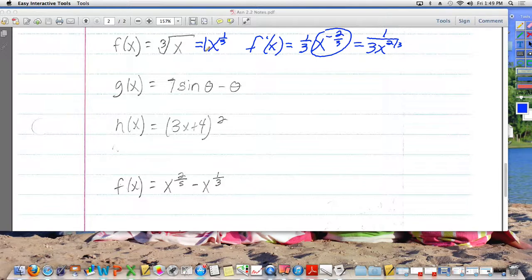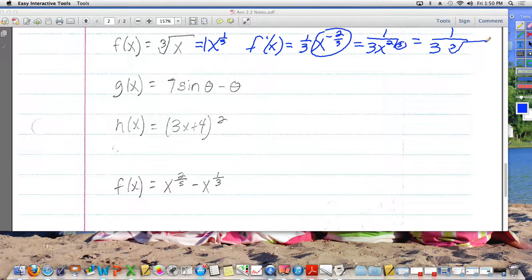It's awkward to leave a term with a fractional power. So let's clean this up. 1/3. How do I write x to the 2/3 power without a fraction in it? Yes. The bottom is what goes out front.